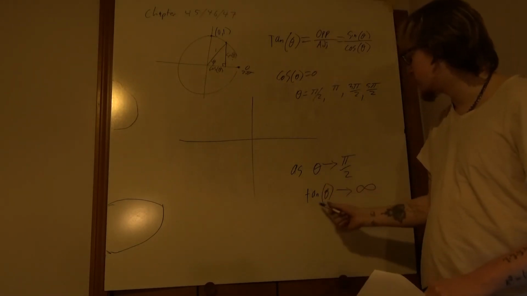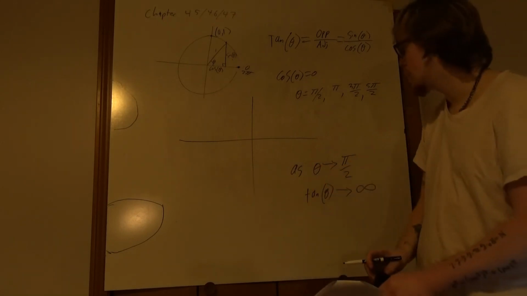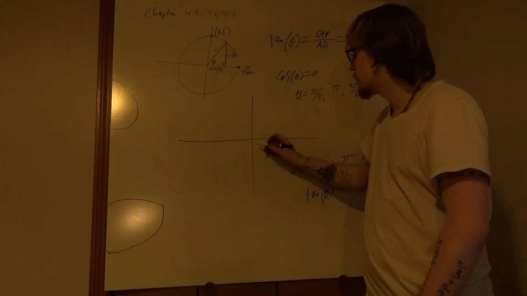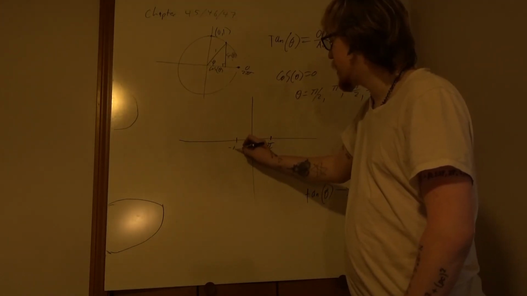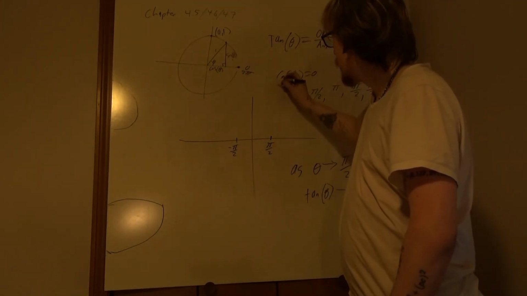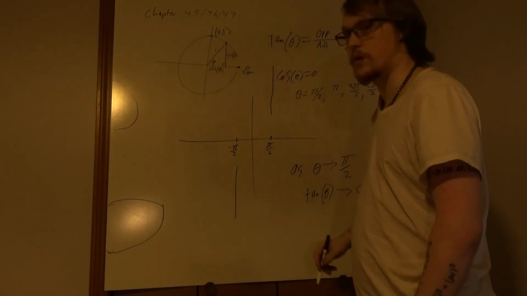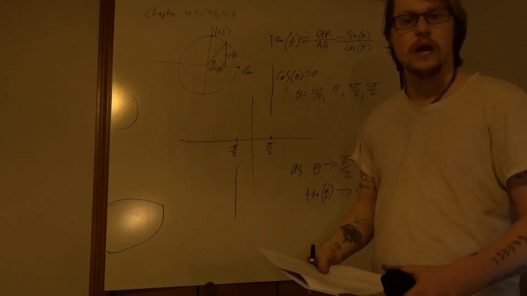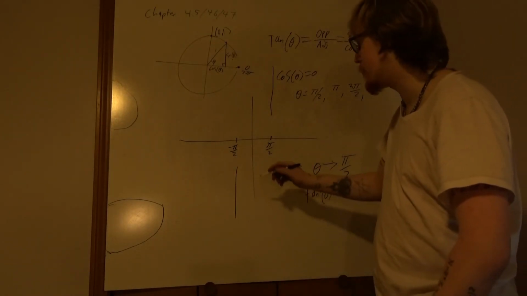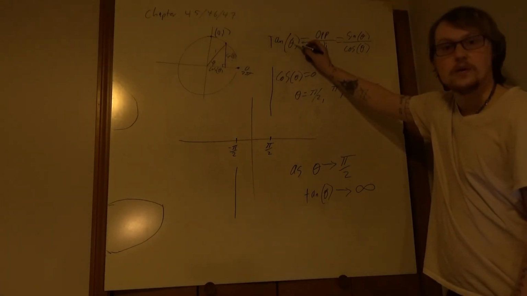And of course, from this we can extrapolate that the exact opposite happens as it goes to negative pi over 2. What this tells us is that if this is pi over 2 and this is negative pi over 2, it has to be going vertically here and vertically here, and in between them, it's going to look kind of smooth. What happens at theta equals 0?